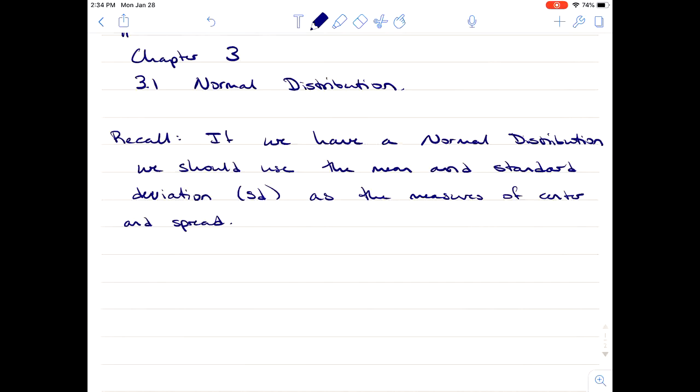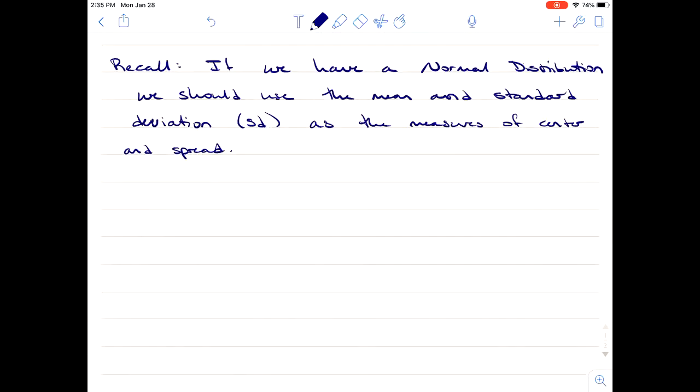For us, we're going to use the normal distribution to find these probabilities. Spoiler alert, the area under the curve we can use to find probabilities. In fact, the area under the curve is the probability of something. So we'll use this normal distribution to find probabilities, but different from chapter 2 stuff.